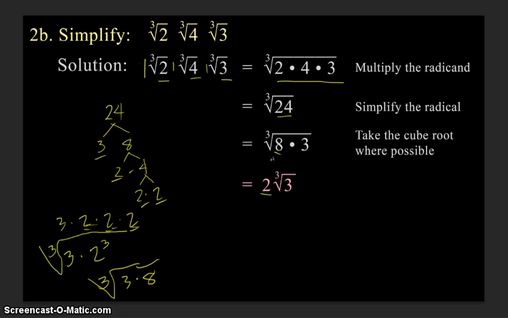That is 8. So merong lalabas na 2, at maiiwan si 3 sa loob ng radical symbol. And that is our final answer.